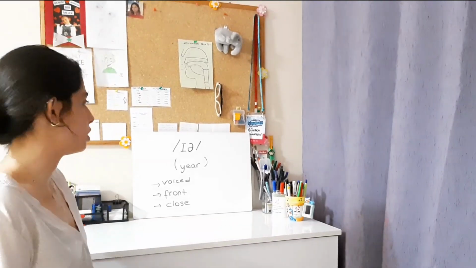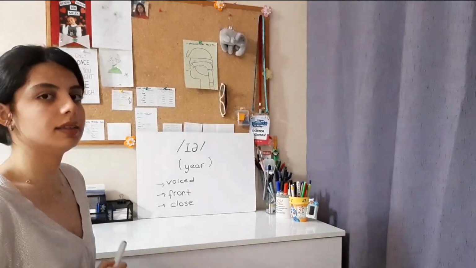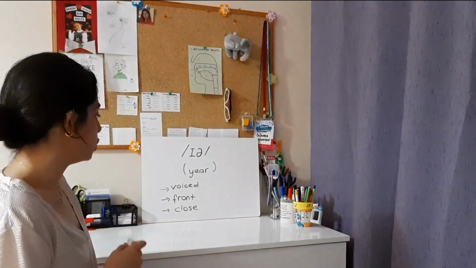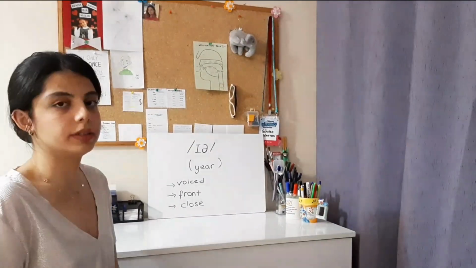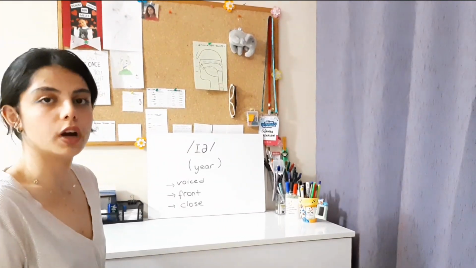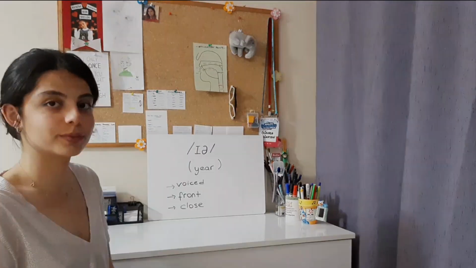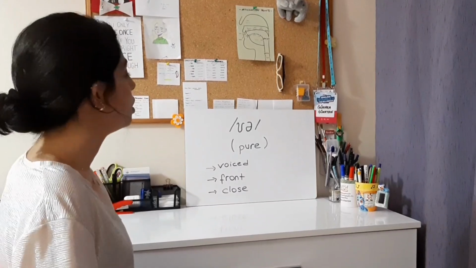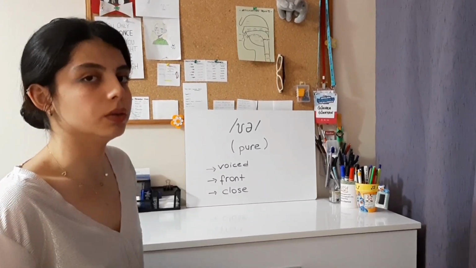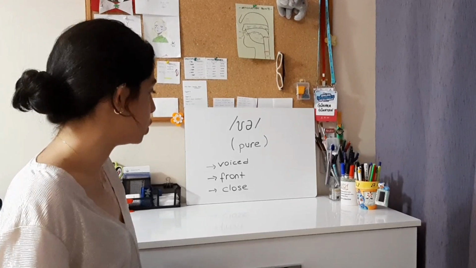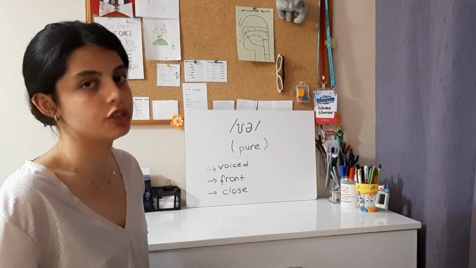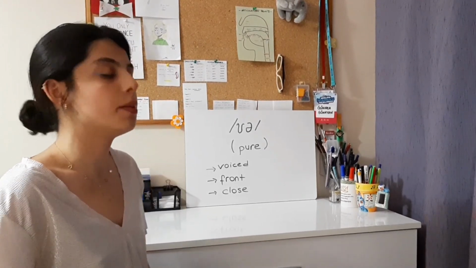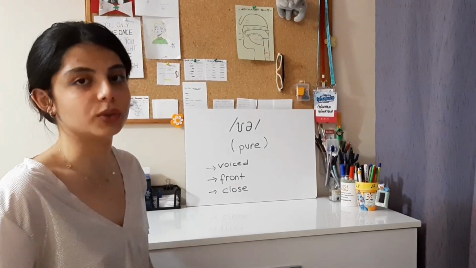Our other diphthong is yeah, as in yeah. It's a voiced sound and its place of articulation is front, and its manner of articulation is close. Another sound is oo, as in pure. It's voiced, its place of articulation is also front, and its manner of articulation is also close.